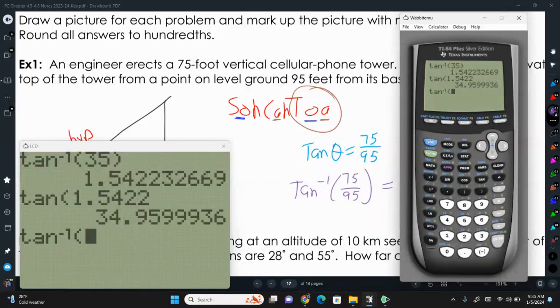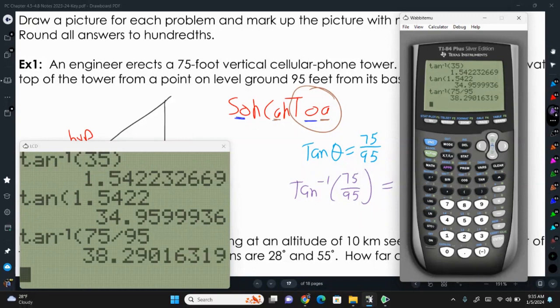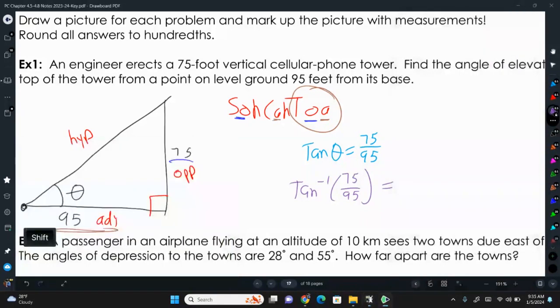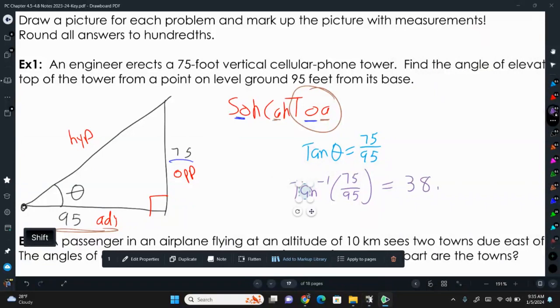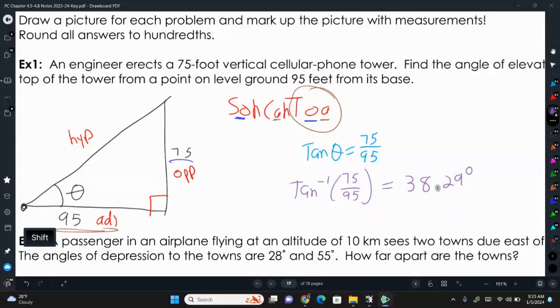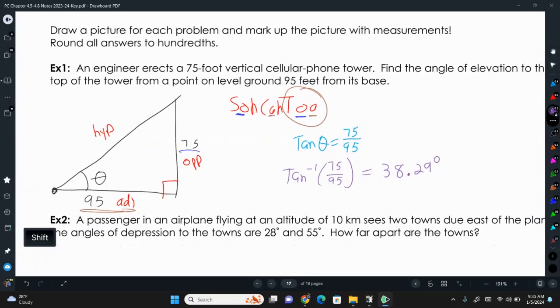So then the inverse tangent of 75 over 95, and we get 38.29 degrees. So you've solved problems like this in geometry and in algebra too. So this shouldn't look too unfamiliar.